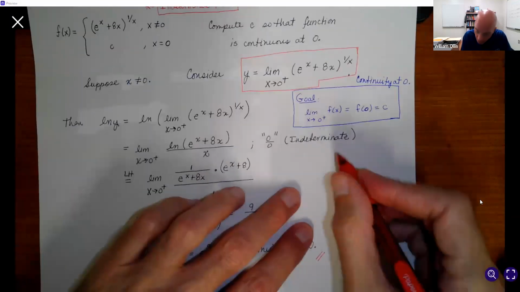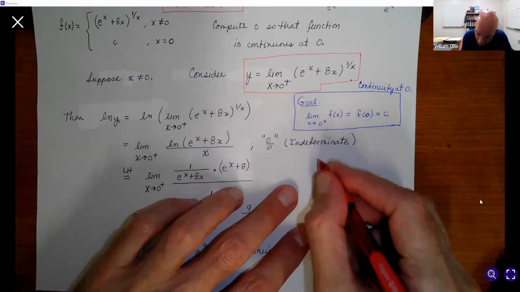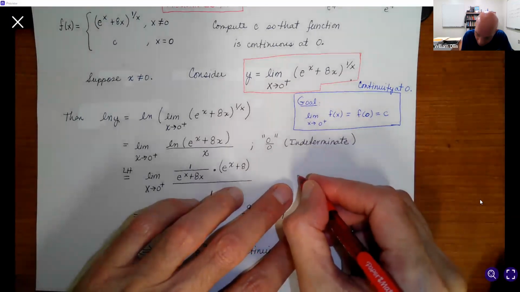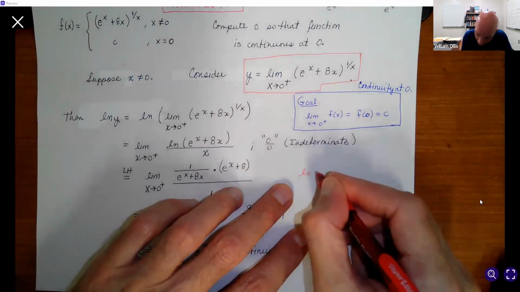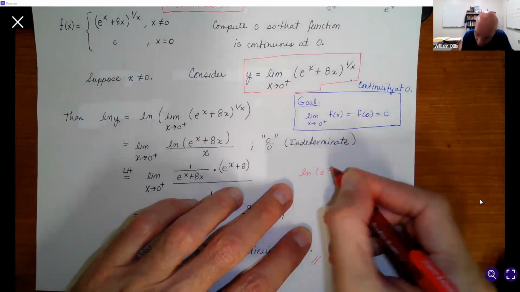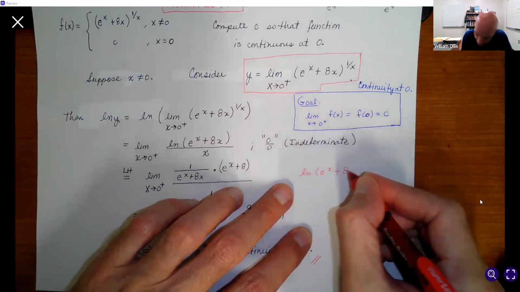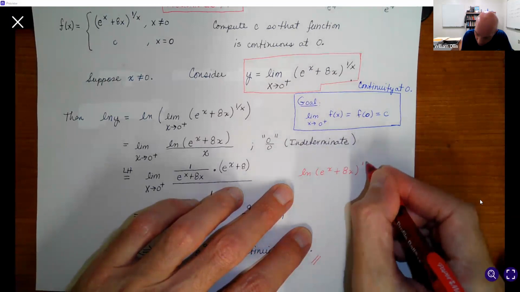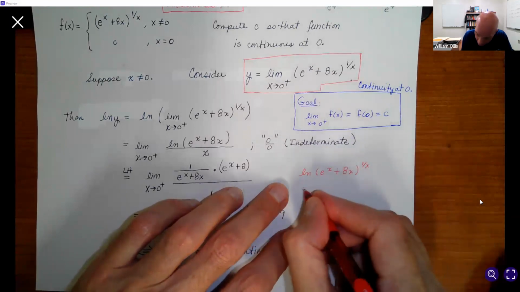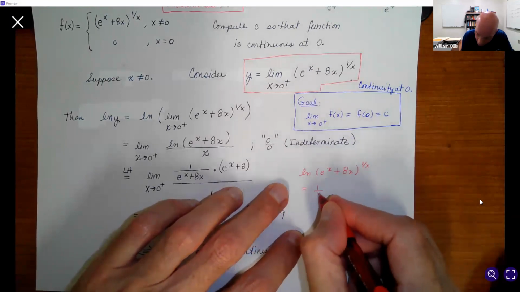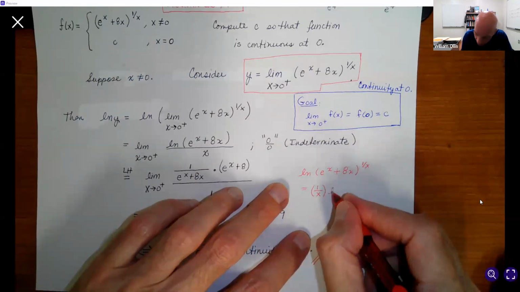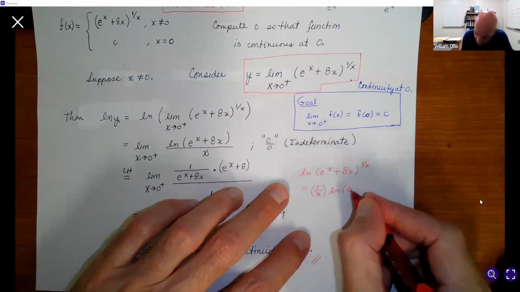So just remember, the power rule, let me just write this out. We have log of e to the x plus 8x, to the 1 over x. So now we can bring the power to the coefficient and write this.